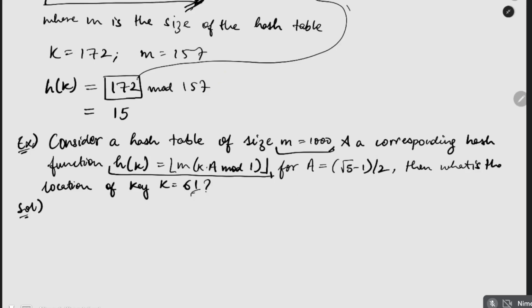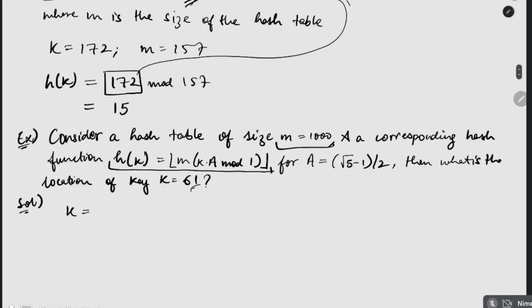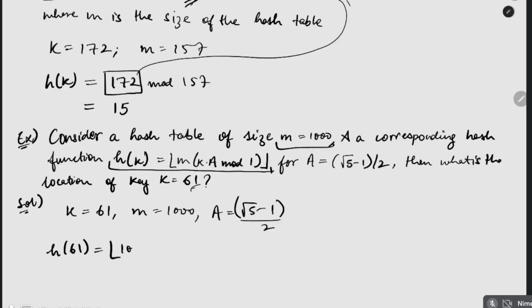So k is 61, m is 1000, and a is given to be square root 5 minus 1 by 2. So h of 61 is 1000 times 61 times square root of 5 minus 1 by 2, modulo 1, and then floor of that.